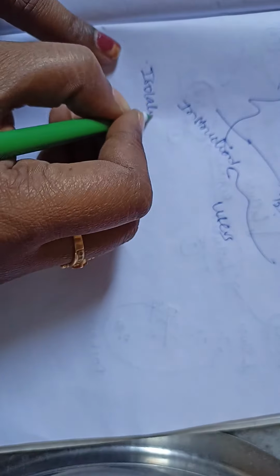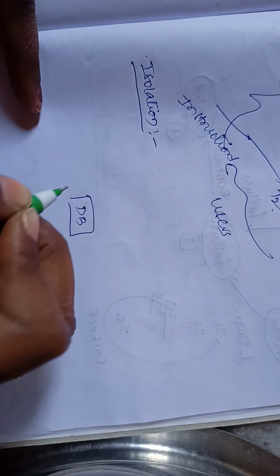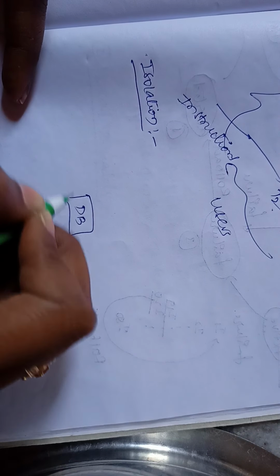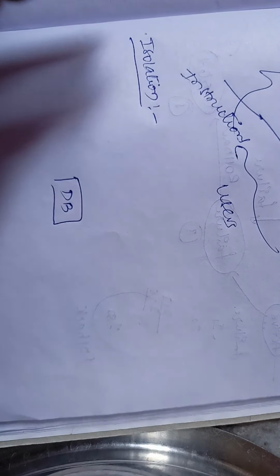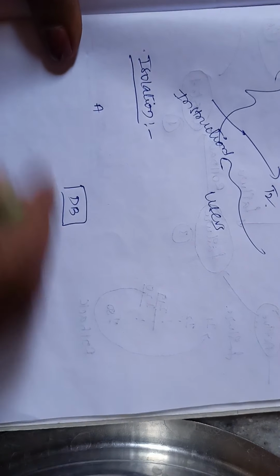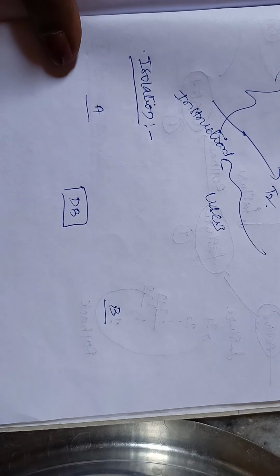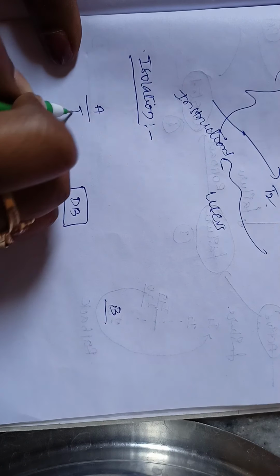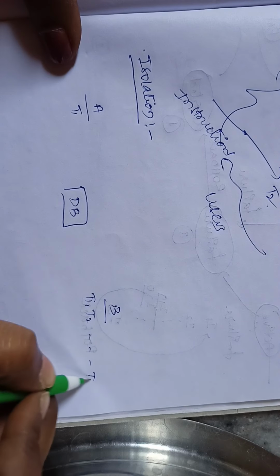What does the isolation property say? Different people come to a database and do different transactions. Suppose person A and person B are doing the same work, but A is doing the work in a single transaction and B is doing the same task in multiple transactions.